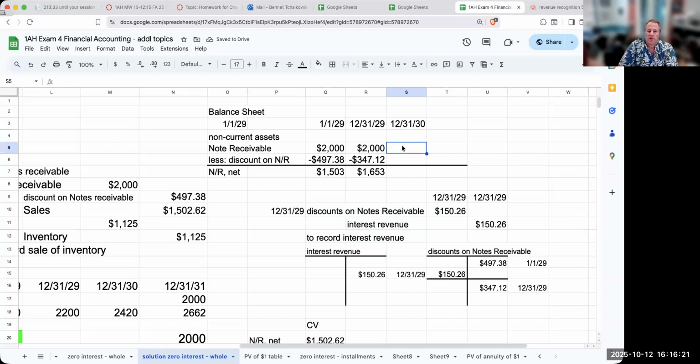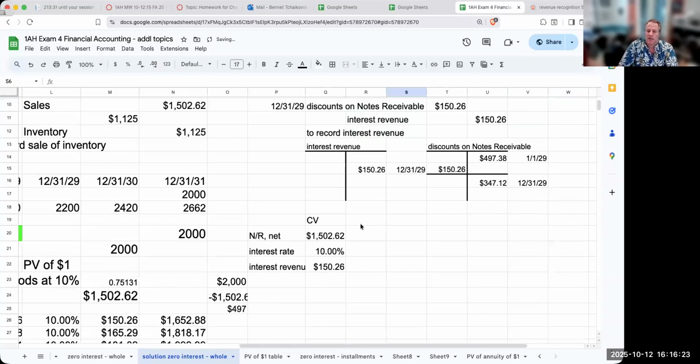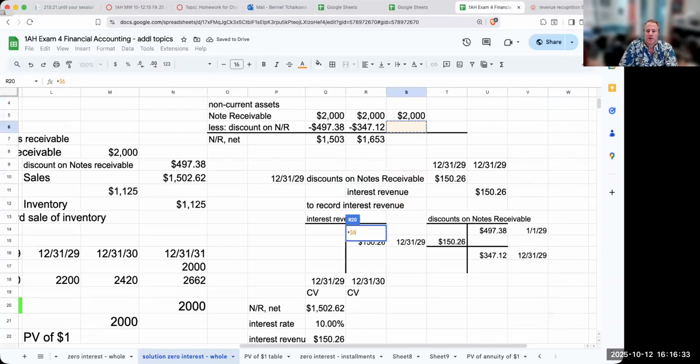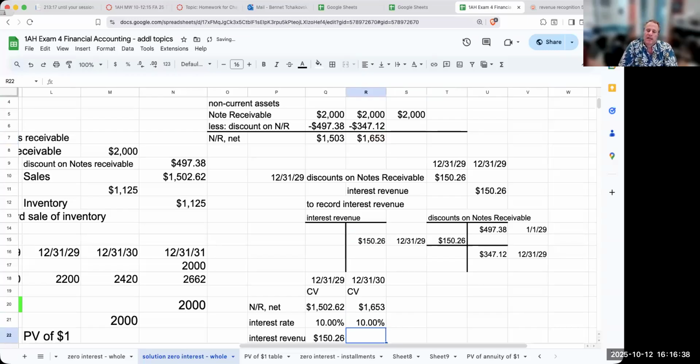My notes receivable has not changed, but we need to compute the carrying value. And this is as of 12/31/29, 12/31/30. So my notes receivable net after the last payment is 1,653. My interest rate is 10%.